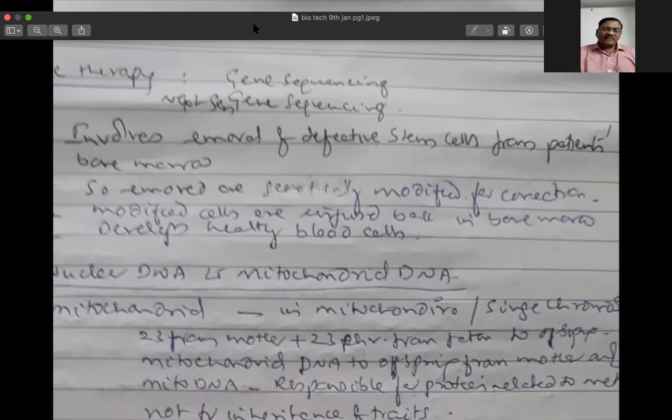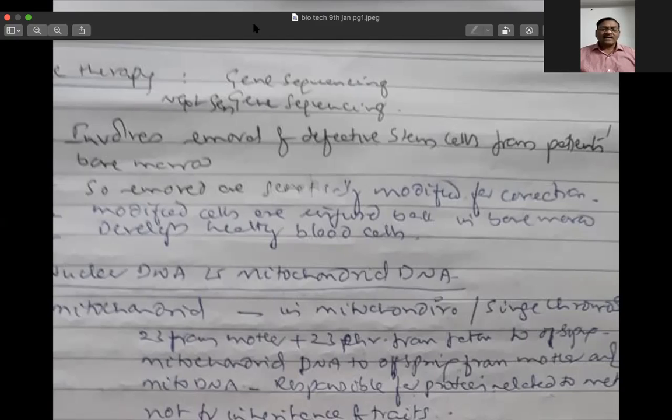Then we learn about stem cells. What are these stem cells? Nowadays science is talking too much about stem cells. What are stem cells? How are they different from normal cells? Normally in a body there will be 220 kinds of cells.